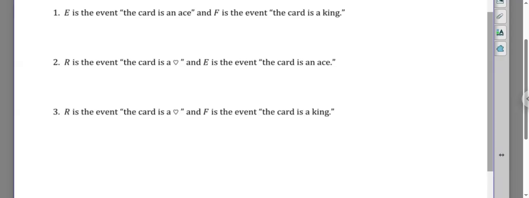So we already know which of the 2 we can calculate, because these are the same ones from before.